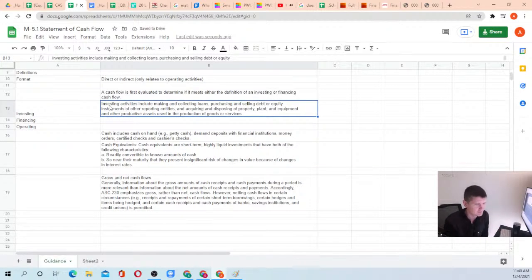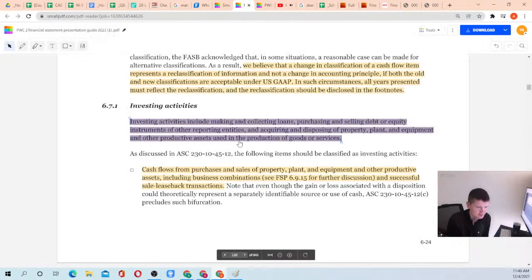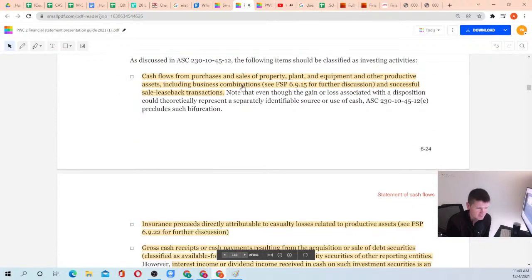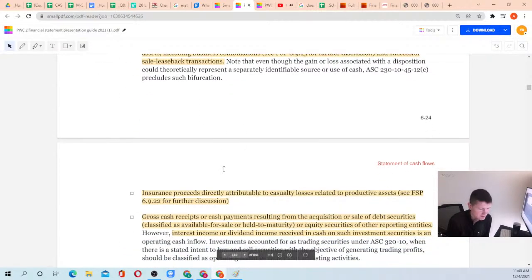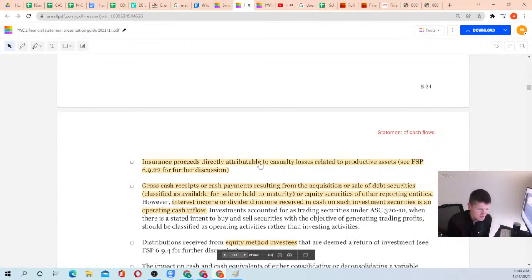So basically, if we buy or sell property, plant and equipment, or something else with the purposes of investing and getting a return, that's most likely an investing activity. But we shouldn't confuse that with inventory. Cash flows from purchases and sales of property, plant and equipment, insurance proceeds directly attributable. So that's an interesting one.